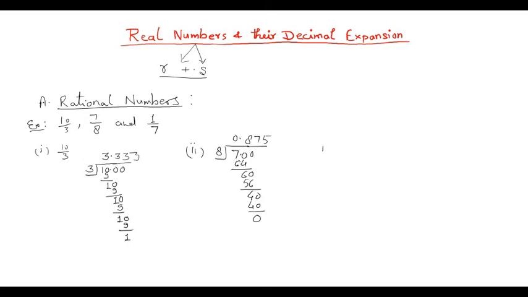The third example is 1 by 7. We will divide 1 by 7. Again 0, so we put the decimal. 7 1s are 7, the remainder is 3.